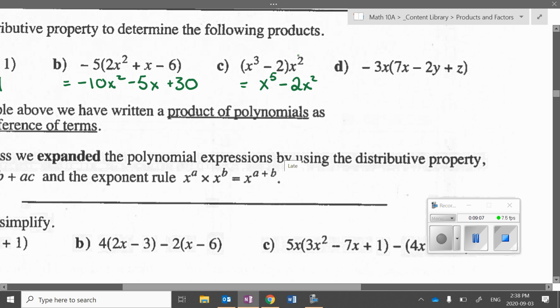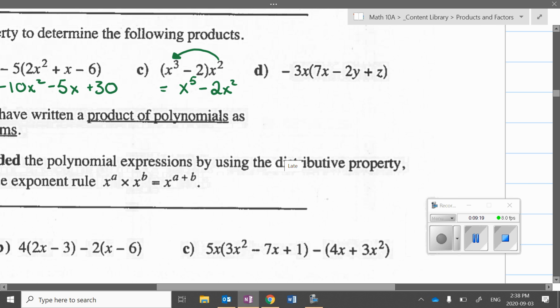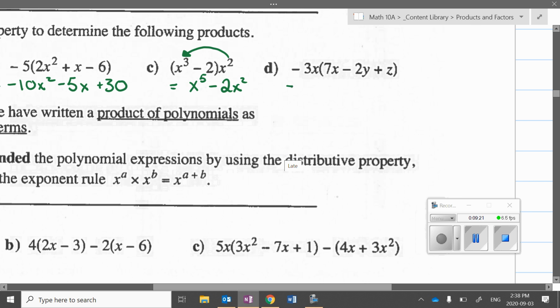So remember, when you multiply powers that have the same base, we add those exponents. So 2 plus 3 gives us that x to the power of 5. The very last one, Ellie, do you want to try it? Okay. Nope, that's okay. Jasmine, do you want to try it?